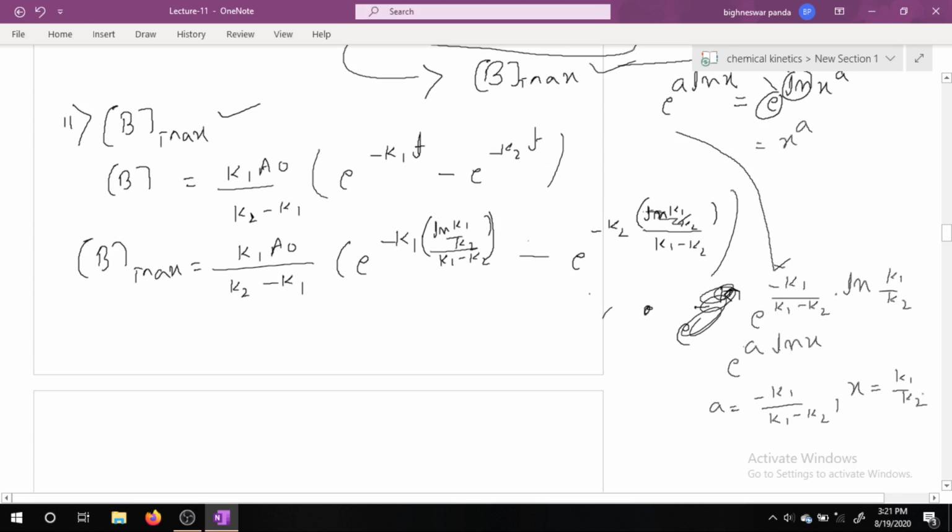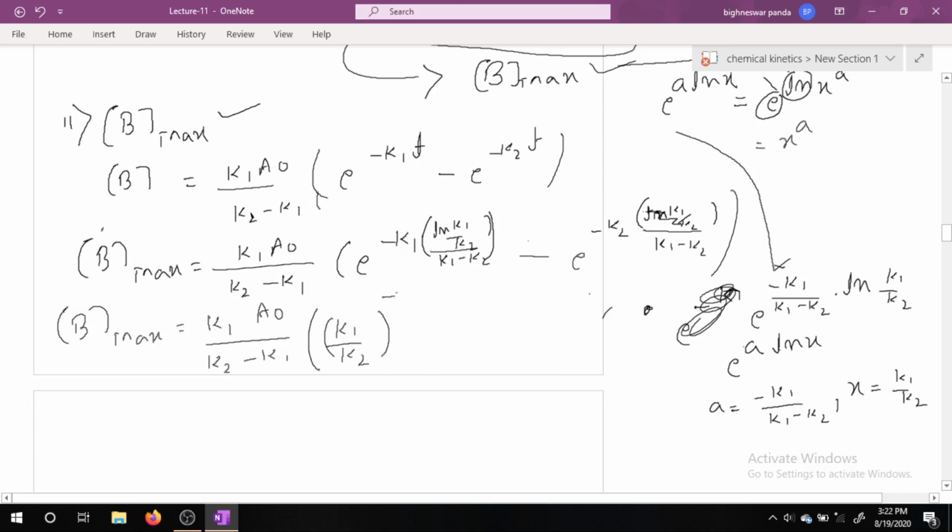So by simply solving, e to the power a ln x is equal to e to the power ln x to the power a, and that will be equal to x to the power a. I can simply write here B max equal to K1 A naught by K2 minus K1 into, that is x to the power a, that means K1 by K2 to the power minus K1 by K1 minus K2.